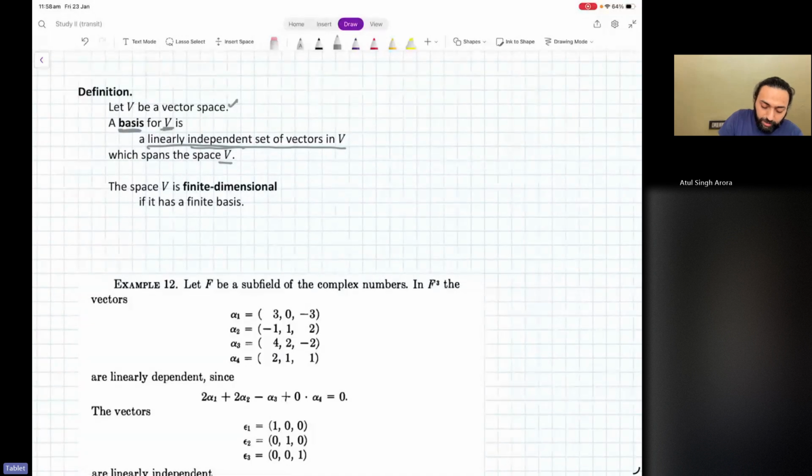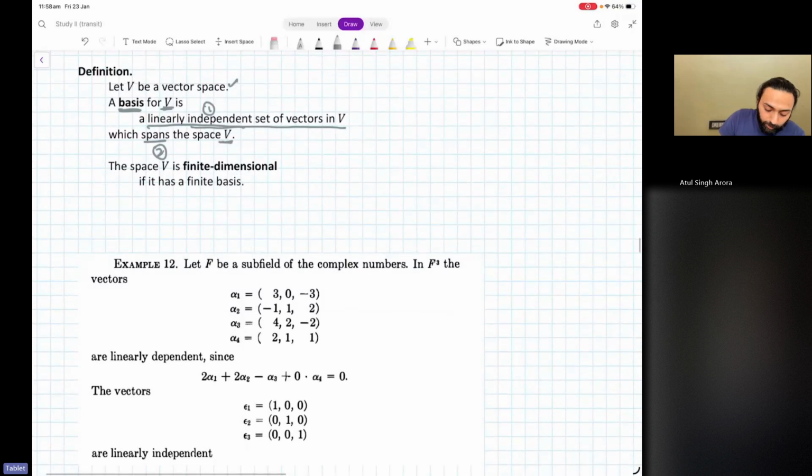So now the basis is basically you take a bunch of vectors, ensure that they're linearly independent, and they span the vector space. So these are the two conditions. Condition 1, independence, and condition 2 is that they span the vector space. If that is the case for any set of vectors, then we would say it is a basis. And the space V is called finite dimensional if the basis is finite.